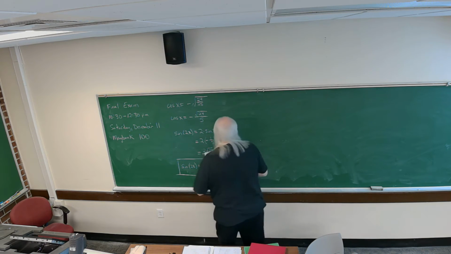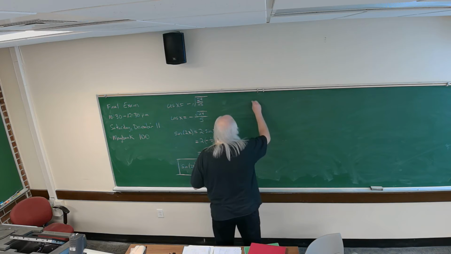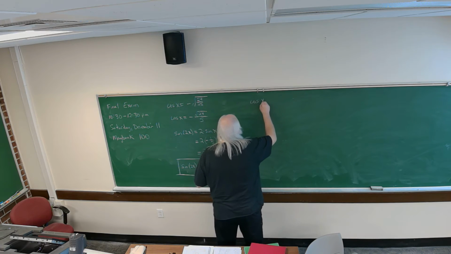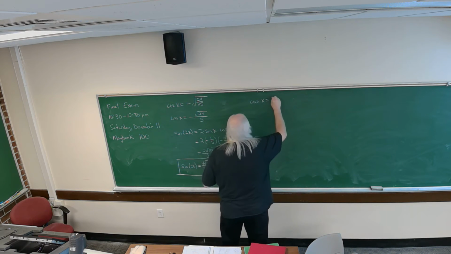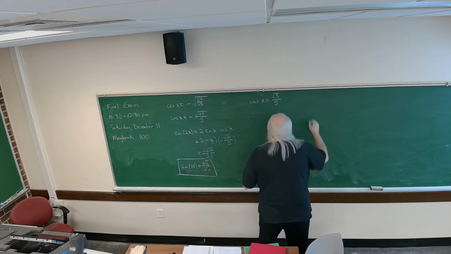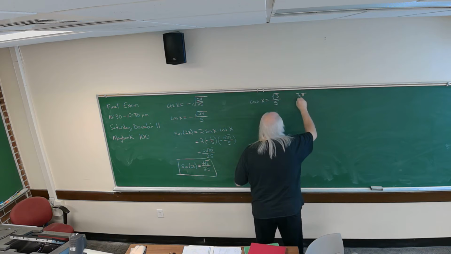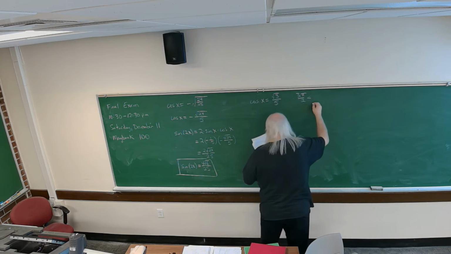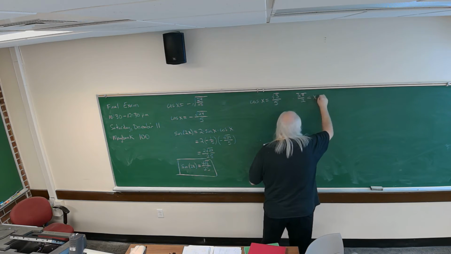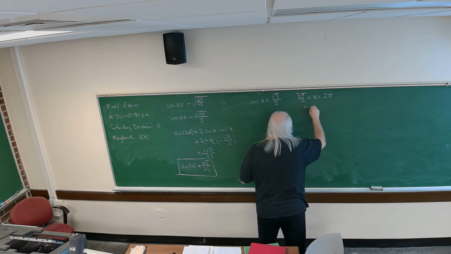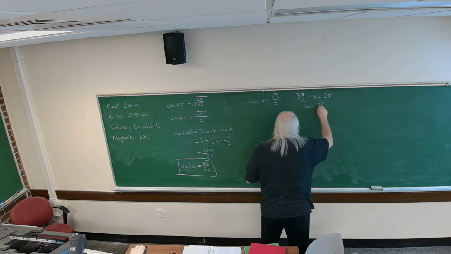So we're given the cosine of the angle x is equal to square root of 3 over 5, where the angle x is between 3/2 radians and 2 pi. Well, that's quadrant 4. Right, that angle's in quadrant 4.